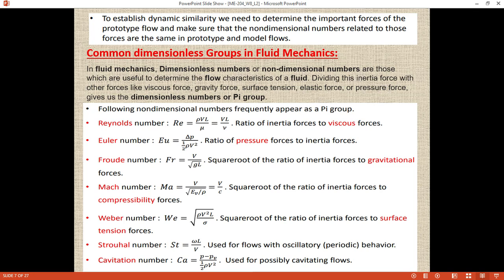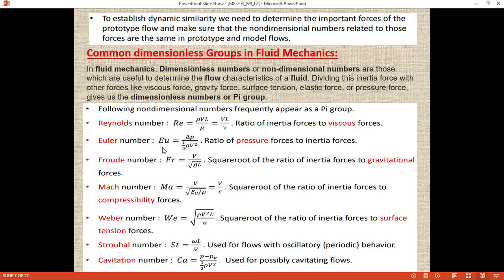The non-dimensional numbers or dimensionless variables that repeat frequently in different cases, we assign a specific name to them. Some pi terms that are commonly repeated in most cases are, for example, rho V L over mu, that is basically the Reynolds number.